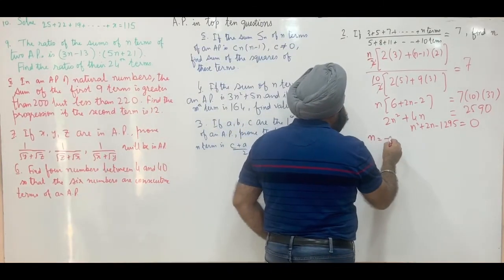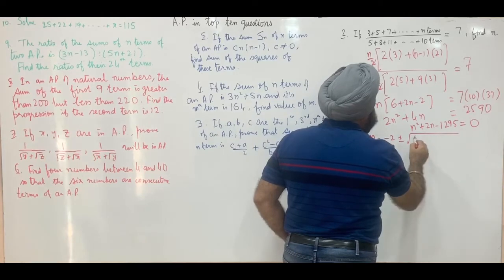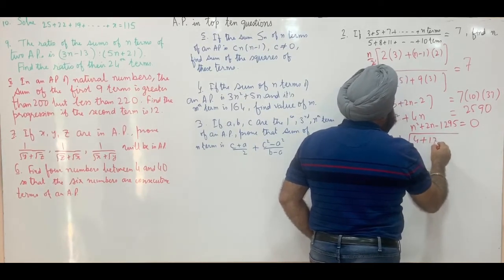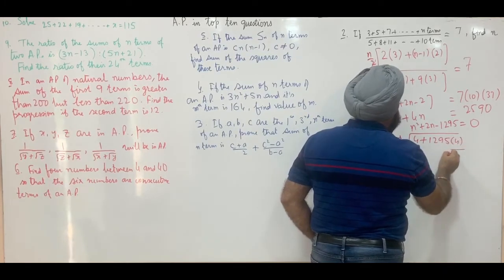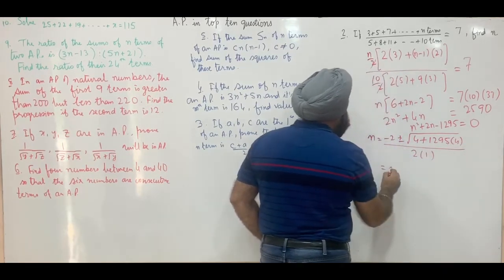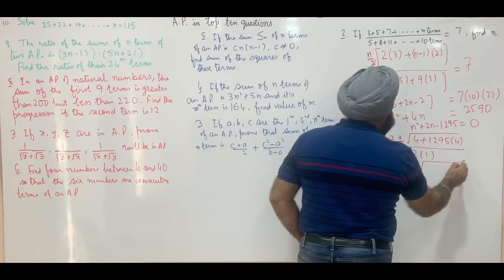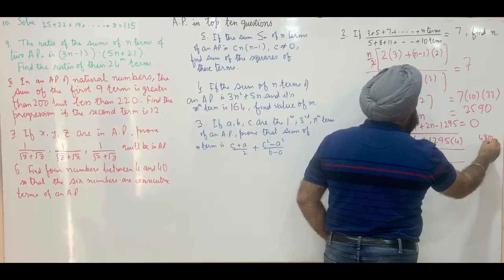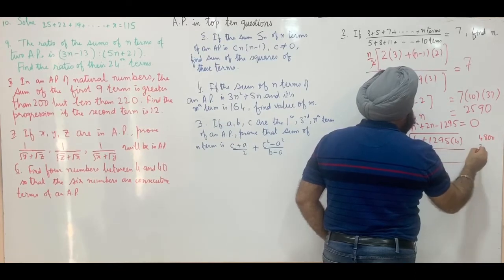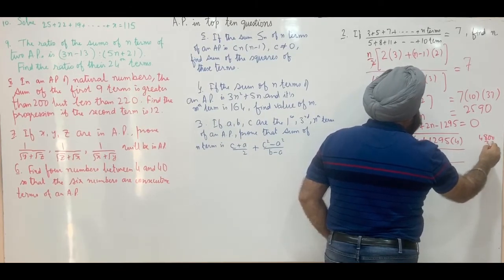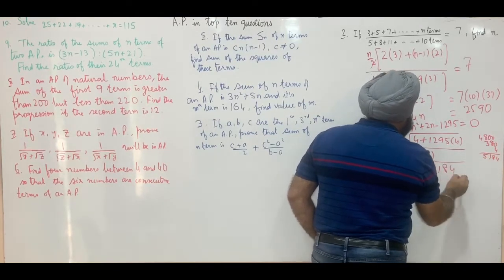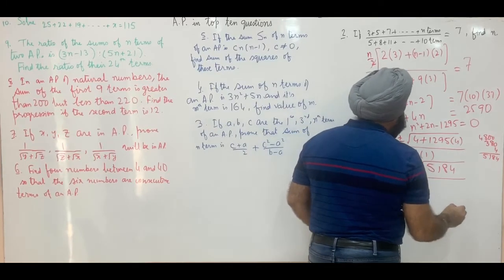n is minus b plus minus square root of b square minus 4ac upon 2a. This will be minus 2 plus minus square root of 4 plus 1295 into 4, upon 2 into 1. 1295 into 4 is 5180, plus this 4, so this is 5184, divided by 2.